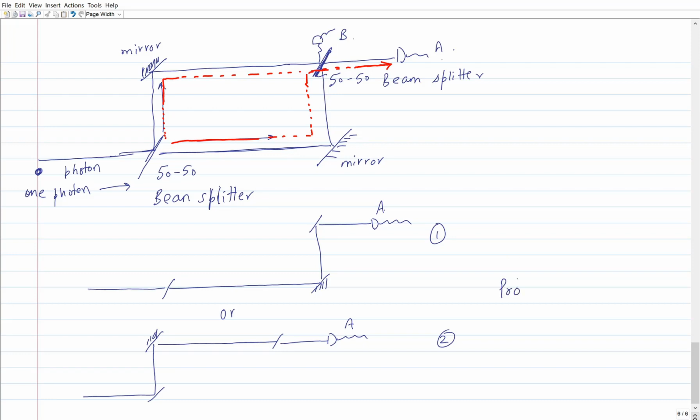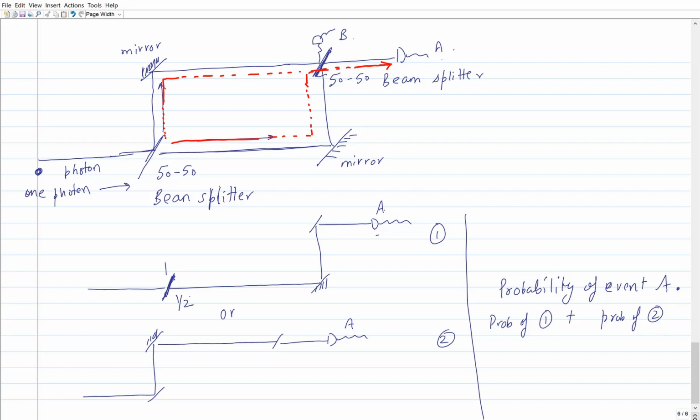So the probability of event A. The event was the click of the detector A. Let me call this 1 and this 2. So in computing the probabilities, I have the probability of process 1 plus the probability of process 2. And how are you going to calculate the probability? At this point, the probability of going this way or this way was half-half.